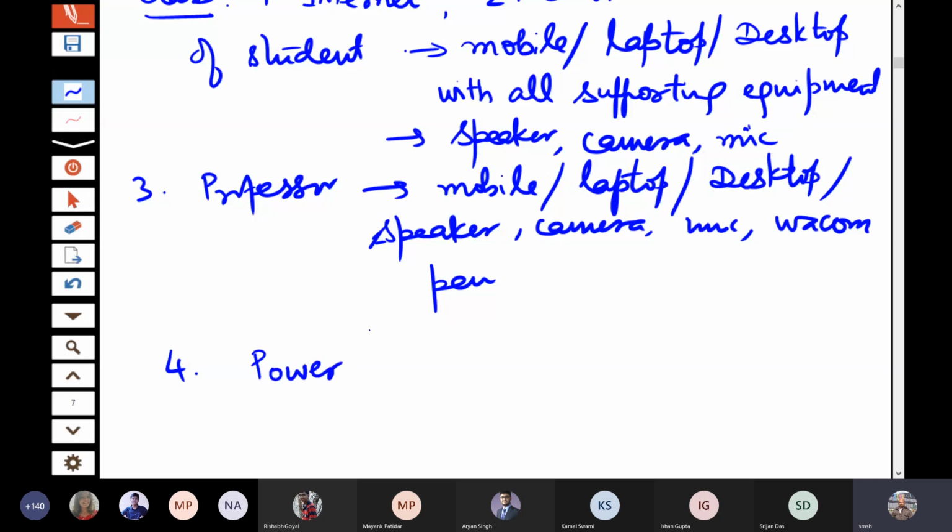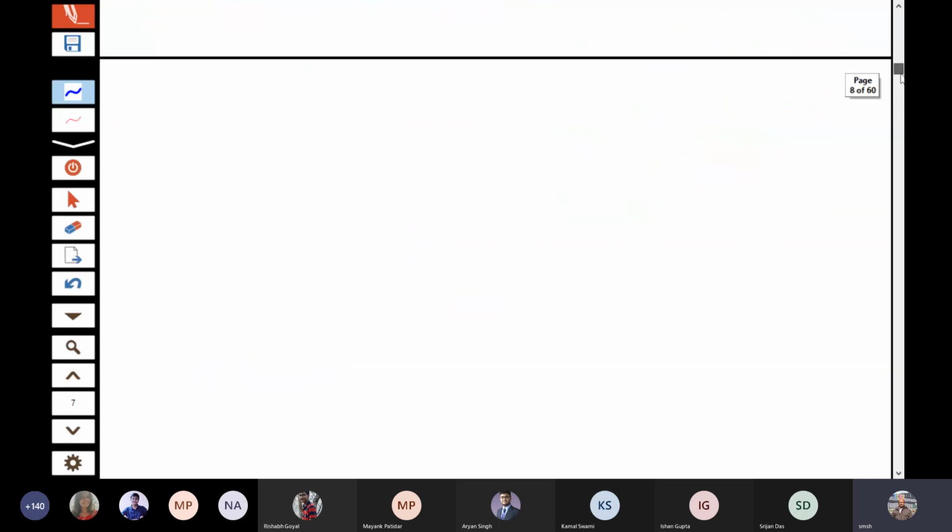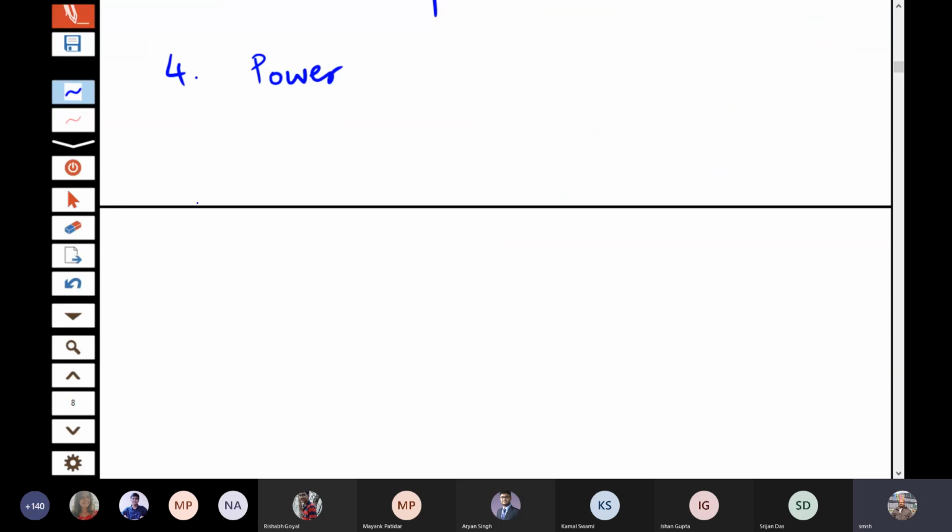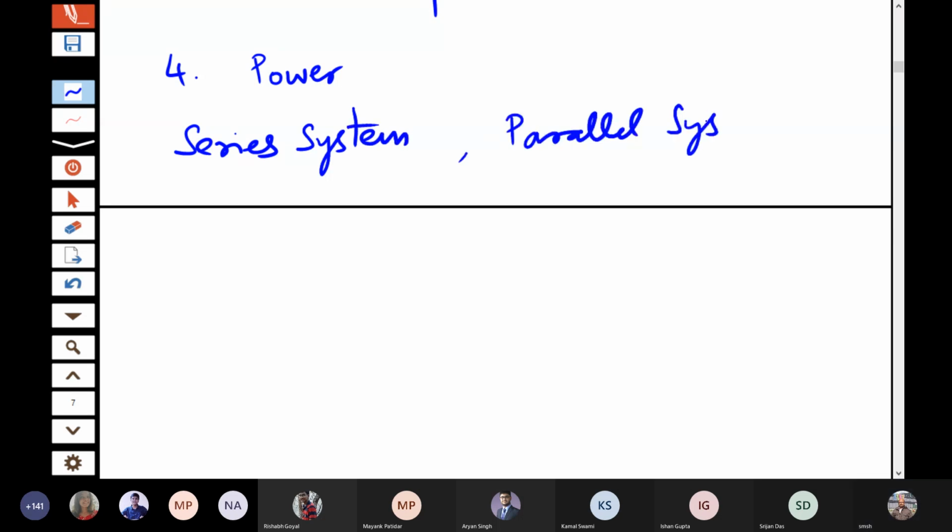If power is not there, then again things will not work. So you have what is known as series systems and parallel systems. Any system functions provided all parts of it are functioning in various modes.